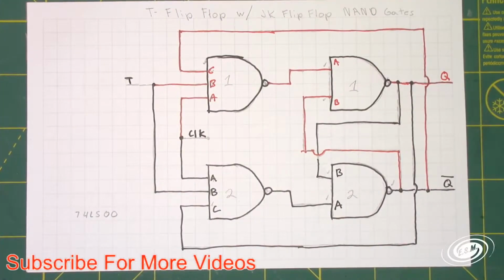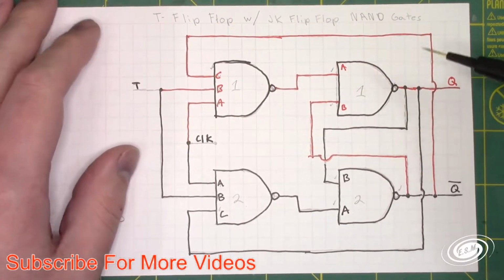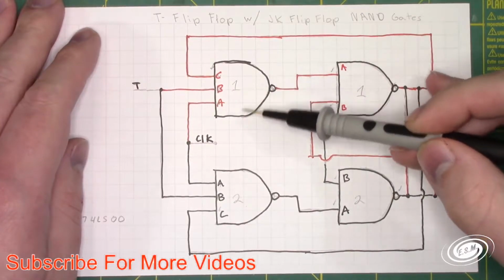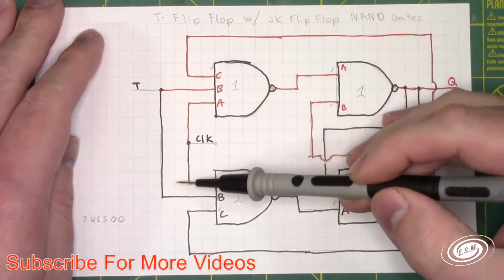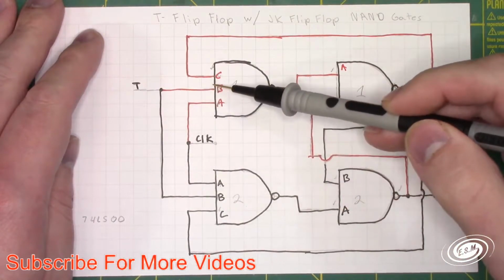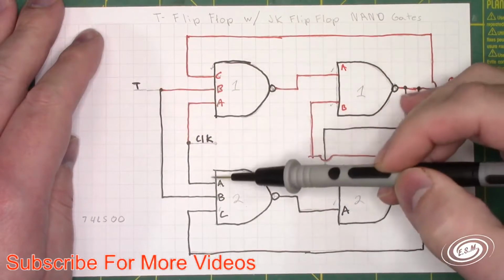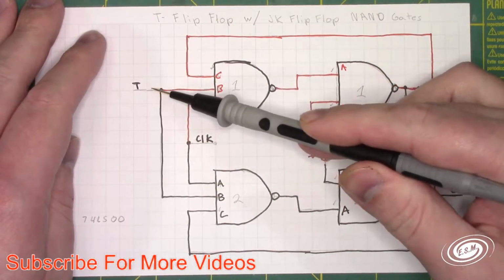So I'm going to use my probe here. This is the one with the 4 NAND gates. You have 2 2-input NAND gates and 2 3-input NAND gates, and you tie 2 inputs together for a T signal and 2 inputs together for a clock signal, and you tie T high.